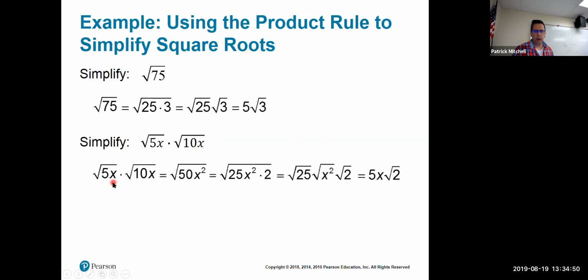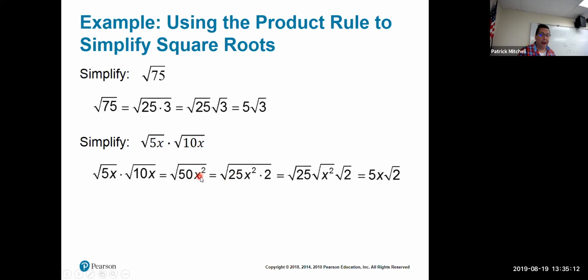So I do 5x times 10x is 50x squared. Now, bear with me for this part. 50 is, again, not a perfect square, but it does have a factor that's a perfect square. It has a 25.